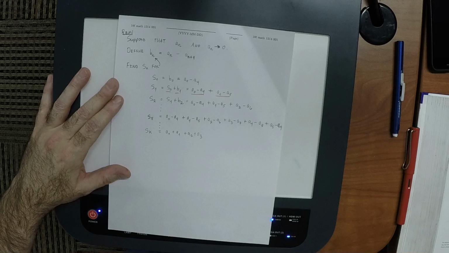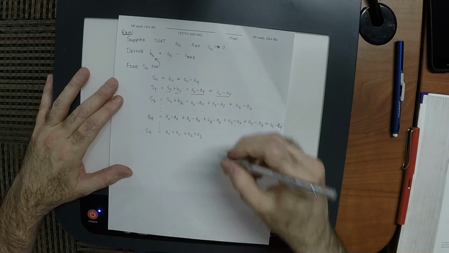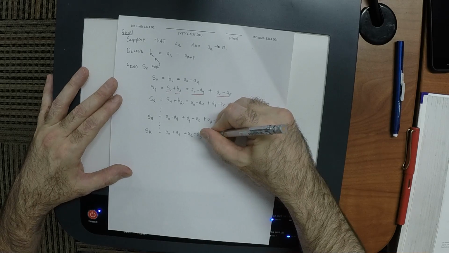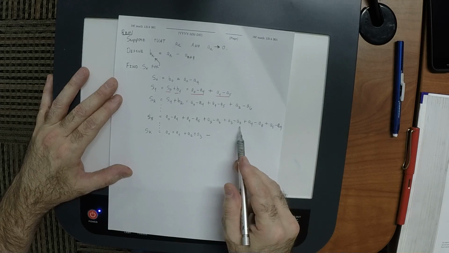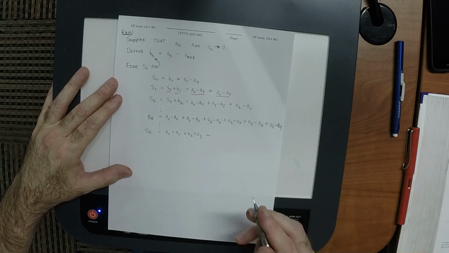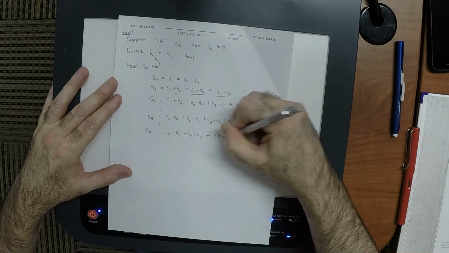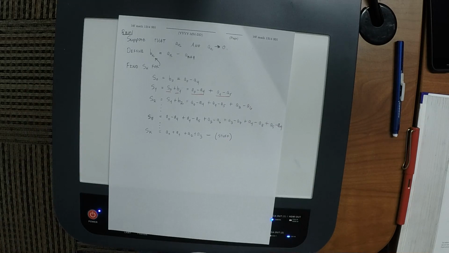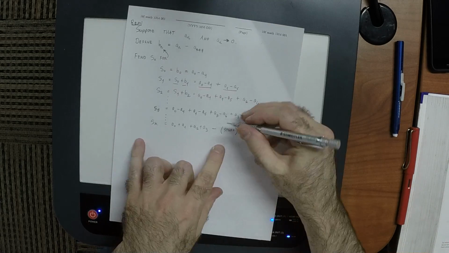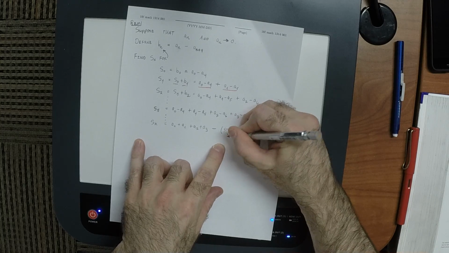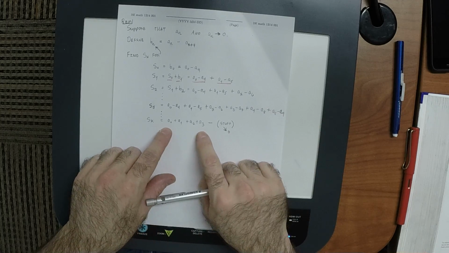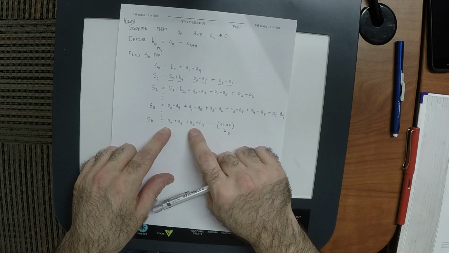The A4 will have canceled, and then we'll have subtract some other stuff, and it's all going to get canceled. So here's another way to construct a sum, and this stuff is going to go to 0. This sum will converge to those first 4.